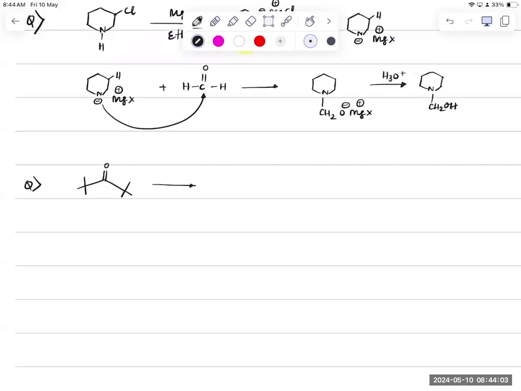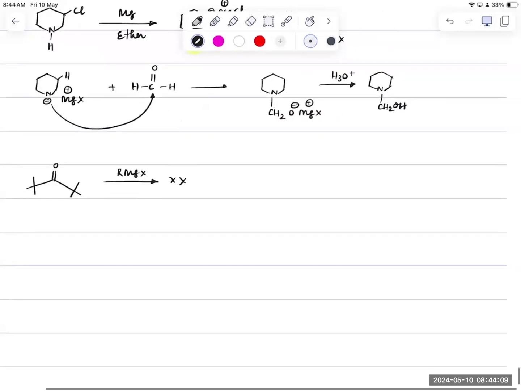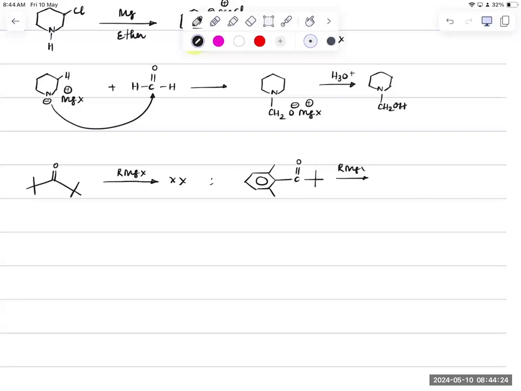So extremely crowded on the ketones. So if you notice, RMgX in this case, no reaction will take place. Similarly, if you have benzene with too much crowding on the ortho position like this, and then we have C double bond O, and this side also a lot of crowding is there, these kinds of cases, we will not see any reaction happening.